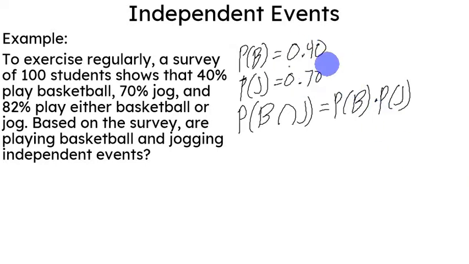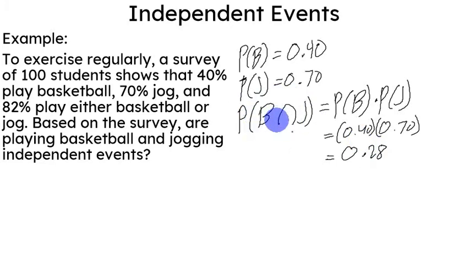Now we know that the probability of playing basketball is 0.40 times the probability of jogging is 0.70. Hence we get a probability of 0.28. Now the question is, is this probability really equal to 0.28? How do we figure that one out?